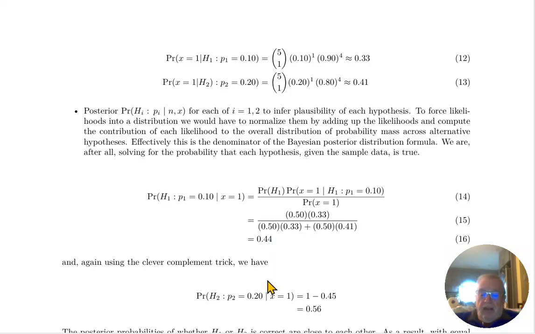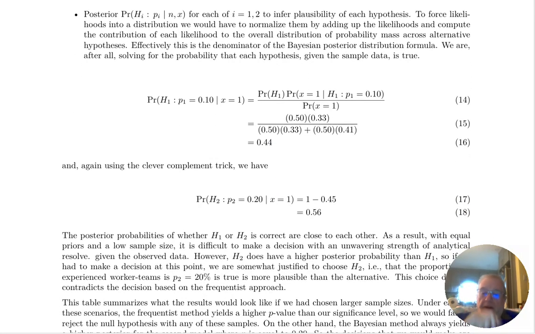Now, if we do the same thing, using a complementary trick, it's 56. Because we have 50, 41 across the same expected evidence. 44 and minus 44 or 45 is 56. I did some rounding there, I guess.